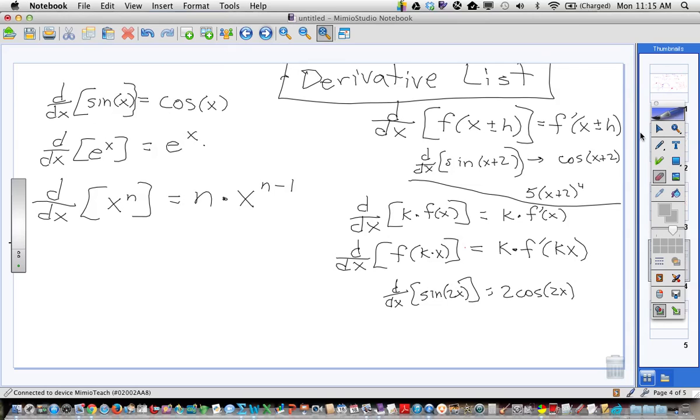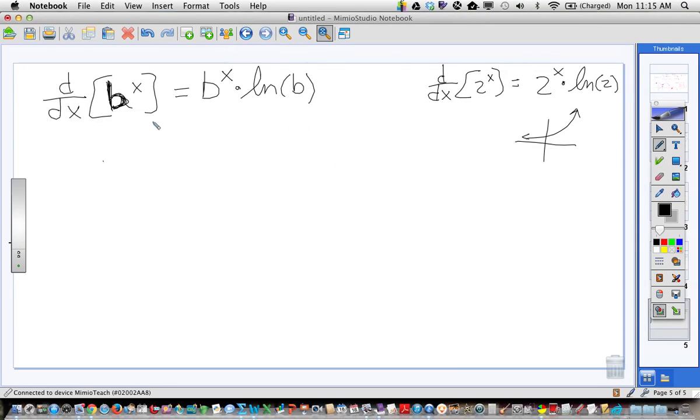It's just we don't write it because ln e is just 1. Okay? So that is the derivative rule for any exponential. An exponential is when you have x up in the power and a number in the base. All right, now let's do the logs.